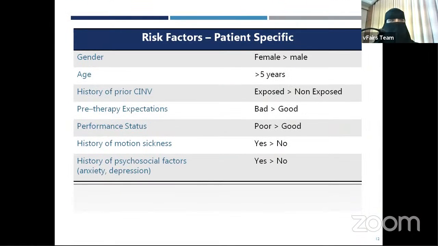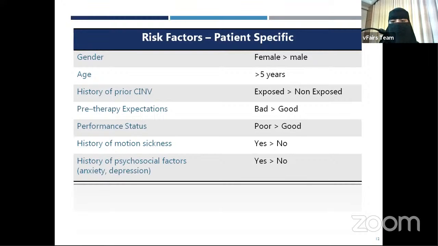There are many prospective and retrospective studies that evaluated the patient-specific risk factors, from gender, age, prior history of chemotherapy-induced nausea and vomiting, or even psychological factors. However, these studies have a very limited number of pediatric patients and incomplete definitions of acute or complete response to the antiemetic.